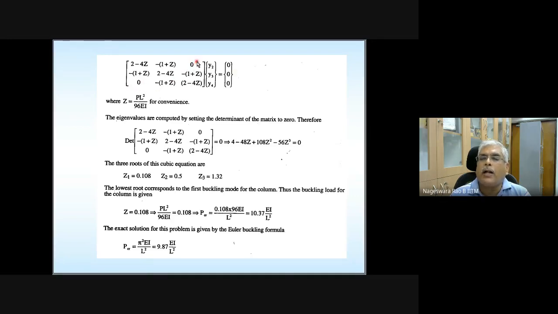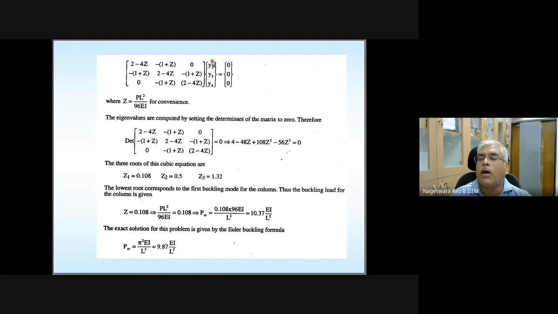And if you want a non-trivial solution, what is meant by non-trivial solution? Please note that you have a matrix here multiplied by a vector equal to 0 vector. The trivial solution is y2 equal to 0, y3 equal to 0, y4 equal to 0. But I am not looking for the trivial solution.